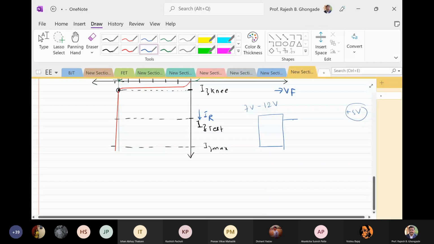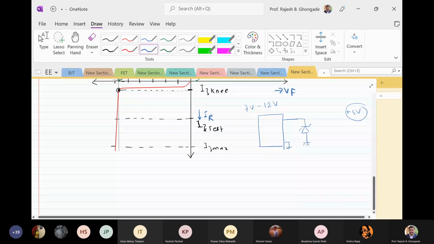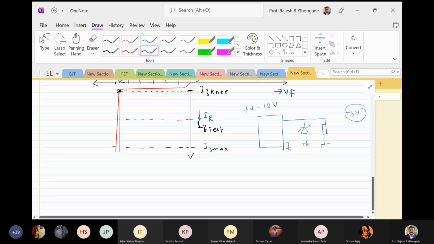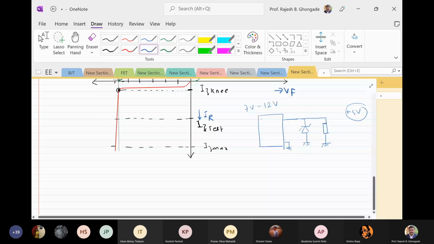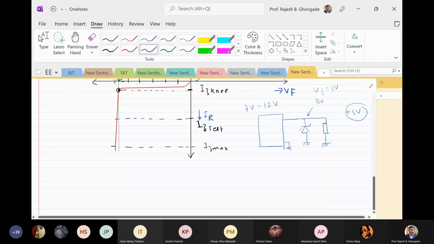What I can do is use a Zener diode and place my load across it. After breakdown, if this VZ is 5 volts, the voltage across the diode will always be 5 volts, and the voltage across your load will be a constant 5 volts.